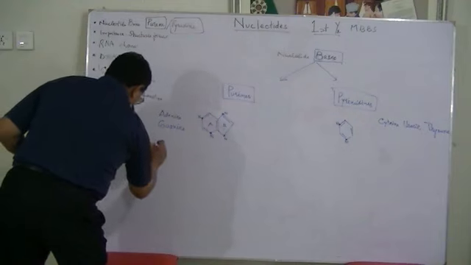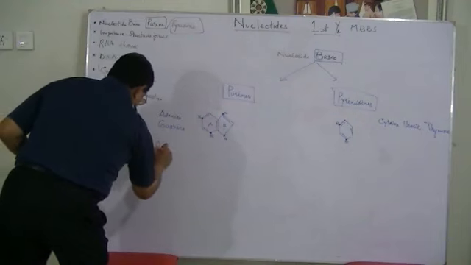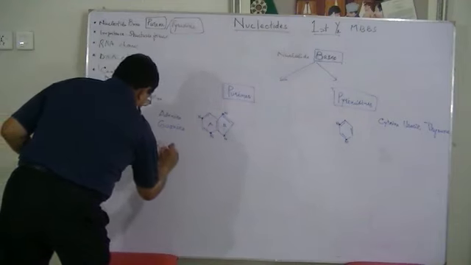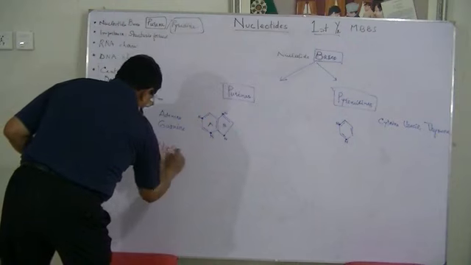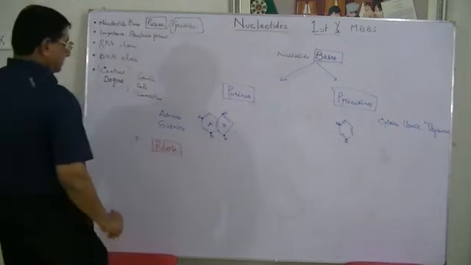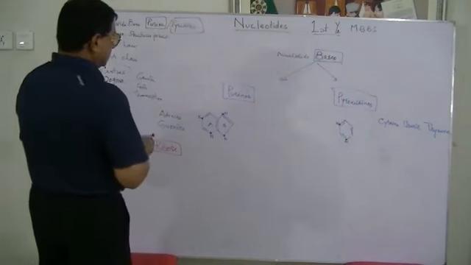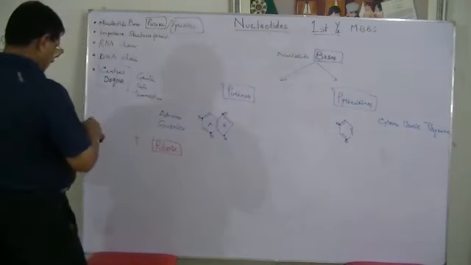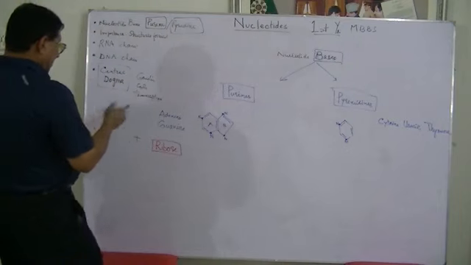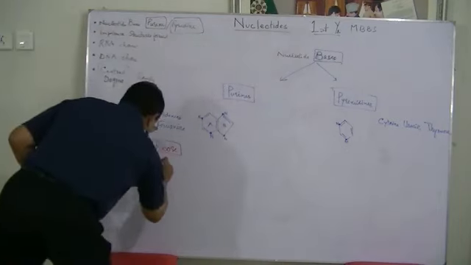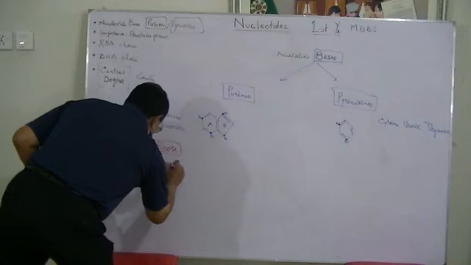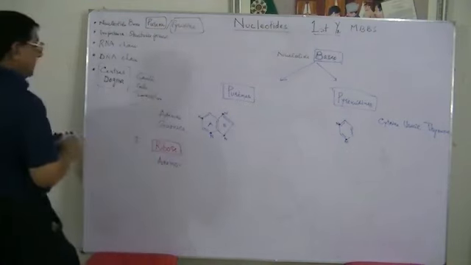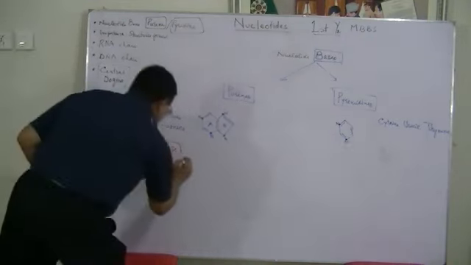Plus ribose. When ribose is added, it forms adenosine.